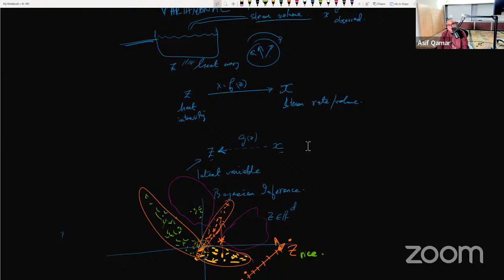And the converse of that, in the reverse direction, you ask this question: by observing the steam rate, can I infer how much heat is being fed in? Right? And that would be the G of Z. The word inference in machine learning, more strictly speaking, refers to this.